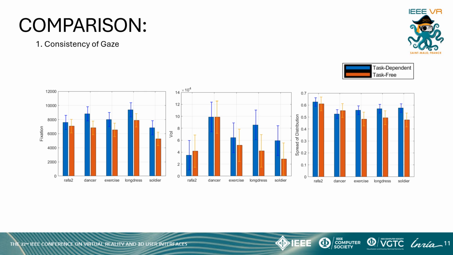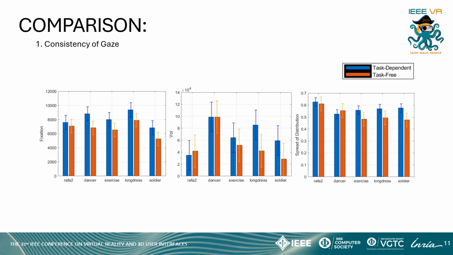That is quite understandable, because in the task-dependent scenario we ask you to evaluate the quality of the point cloud, which means the user needs more cues or information to distinguish the difference in quality. So they focus more and have more fixations.